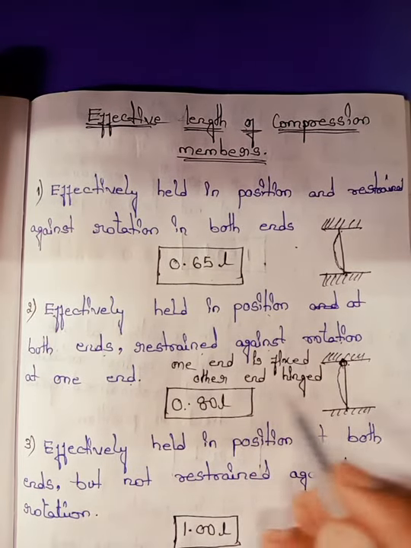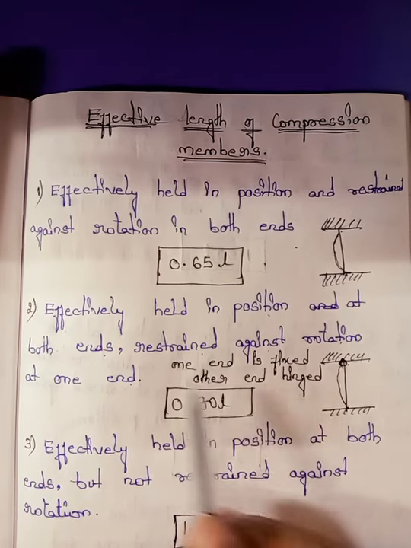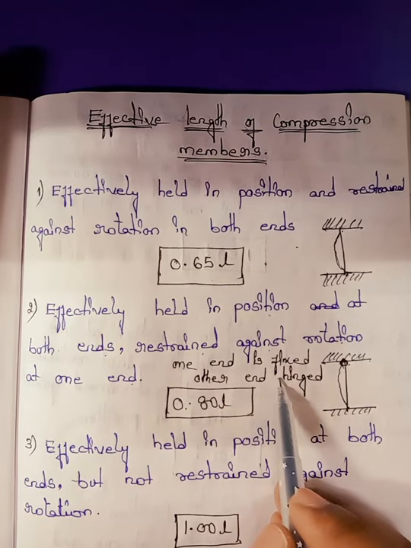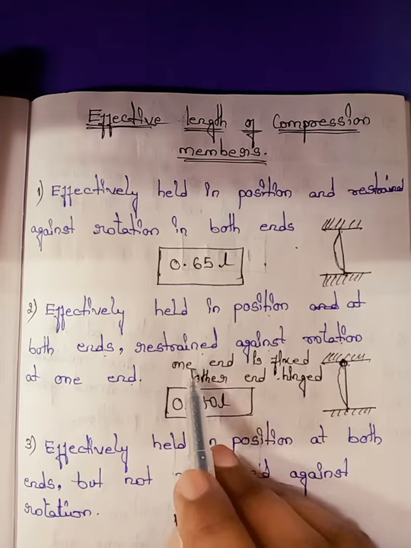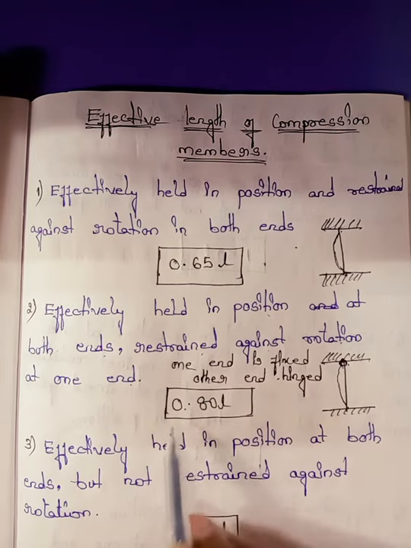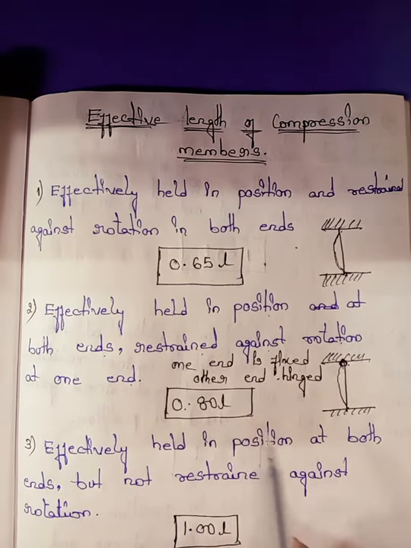In many competitive exams, sometimes they may ask like this also. What is the effective length for one end fixed and other end hinged? Then it is 0.80 L.